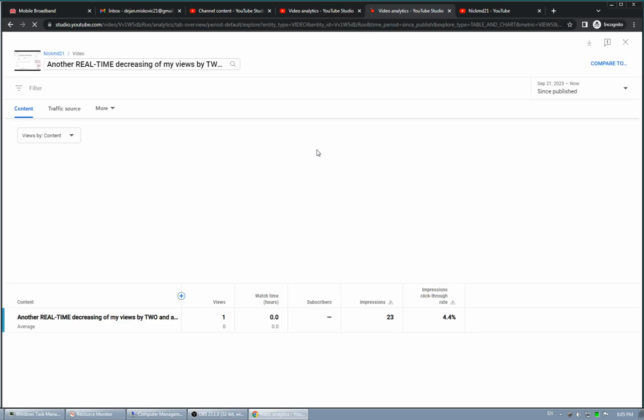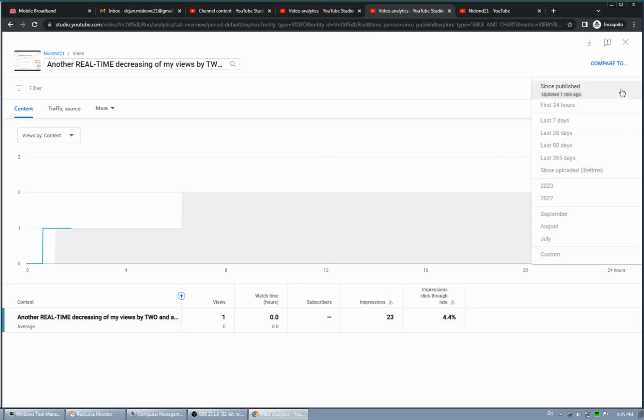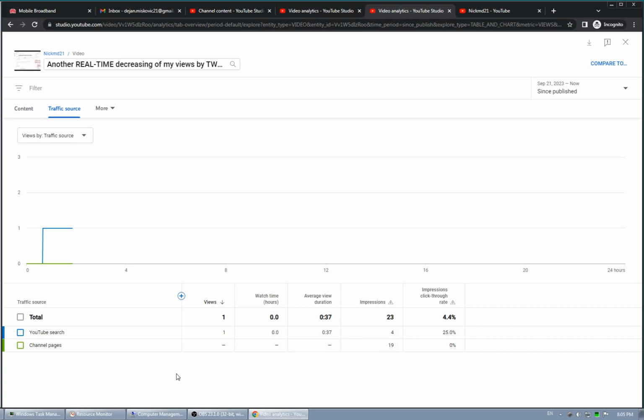What if I reload it? Okay. This still doesn't work. It's disabled for no apparent reason. And what I wanted to, yeah, so these are two views now, channel pages. So two views now.